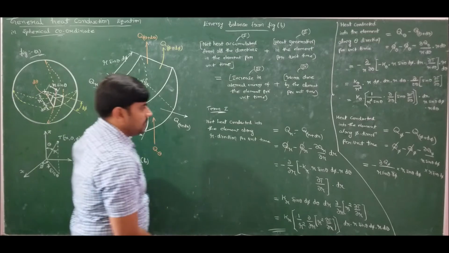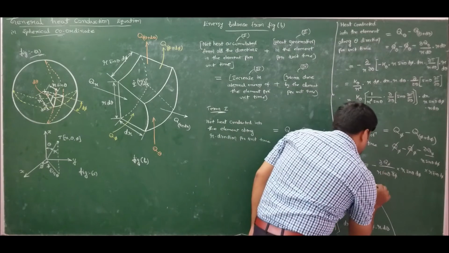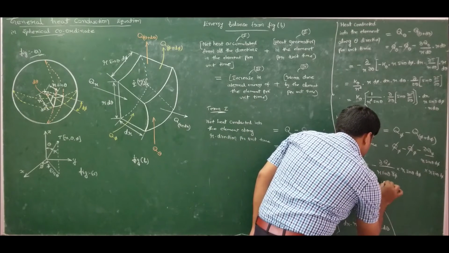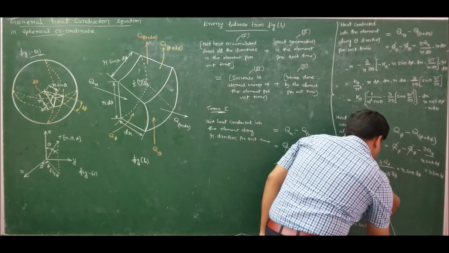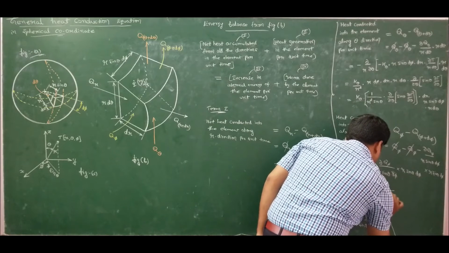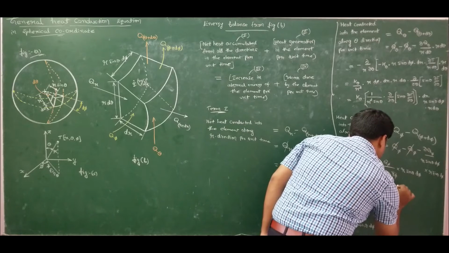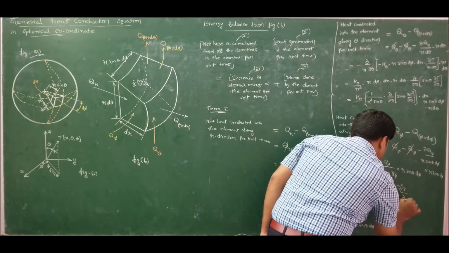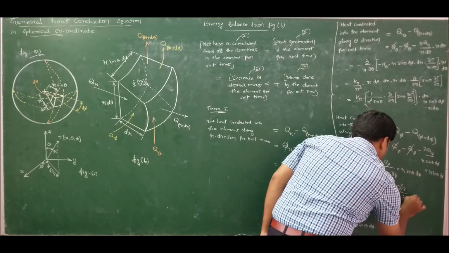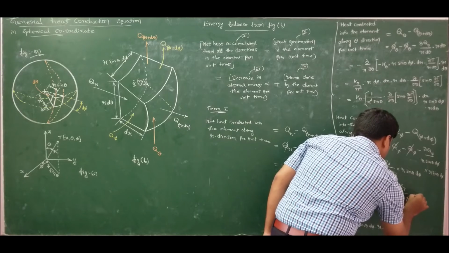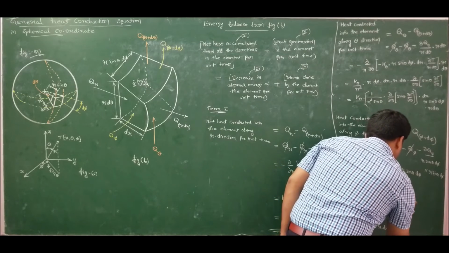So if I simplify by substituting for q phi, I am left with k phi divided by r square sin square theta, dou square T by dou phi square, into the volume.